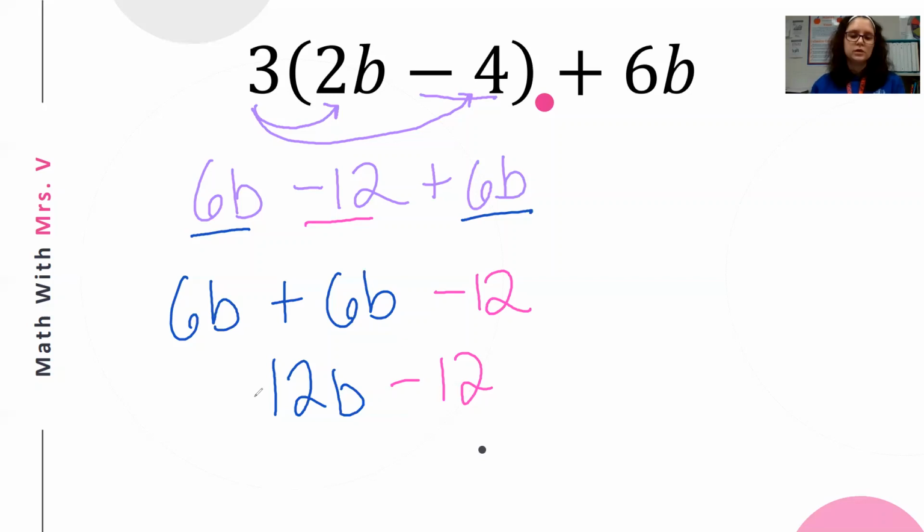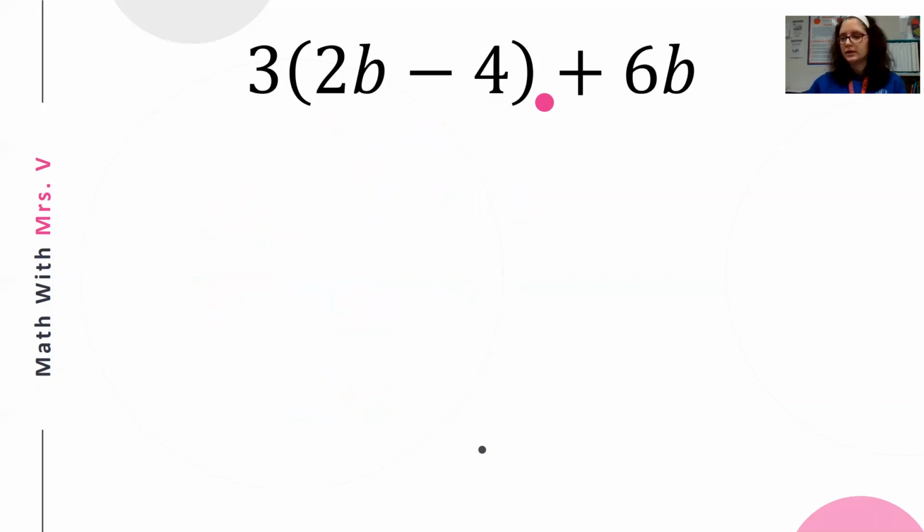Now in a future video, there is another way to change this to have a different type of answer through factoring, and we will discuss this problem again later in the factoring video, but we can simplify this further. Let's go on to our next example.